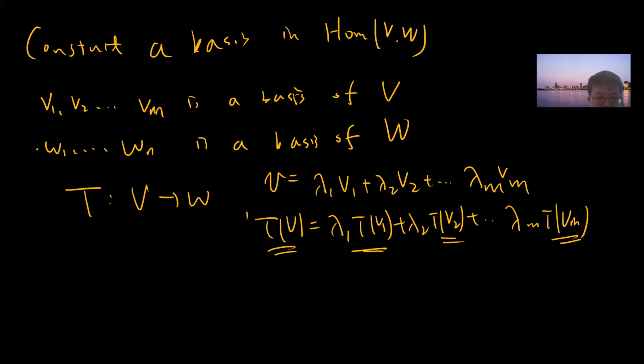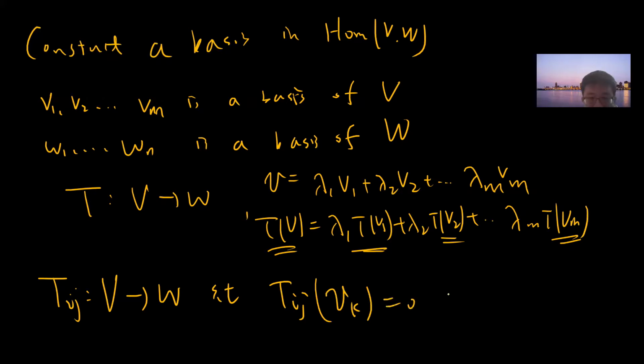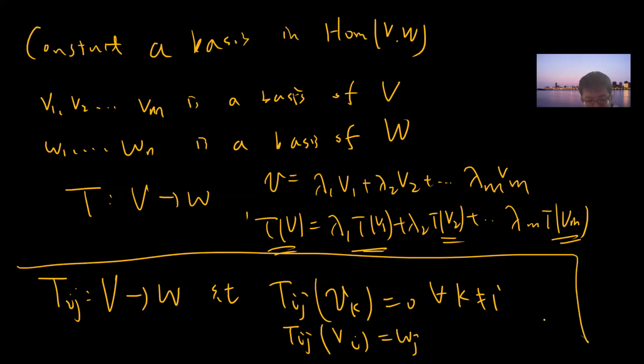Now I can define T_ij, which is a linear map from V to W such that T_ij maps vk to 0 for all k not the same as i, and T_ij maps vi to wj.